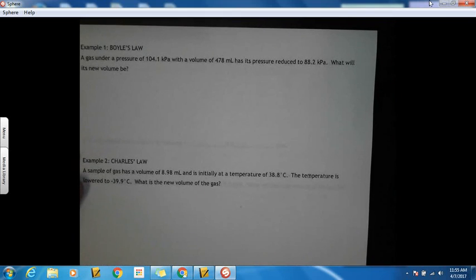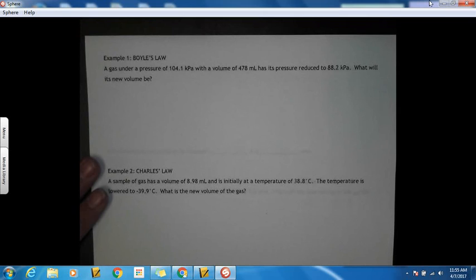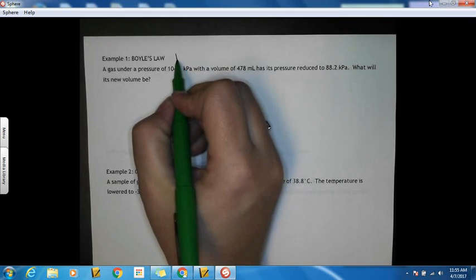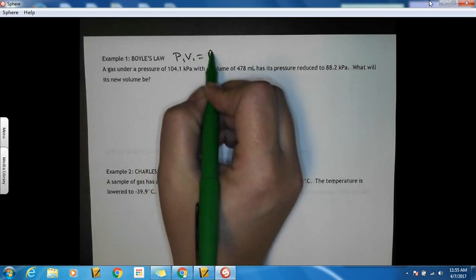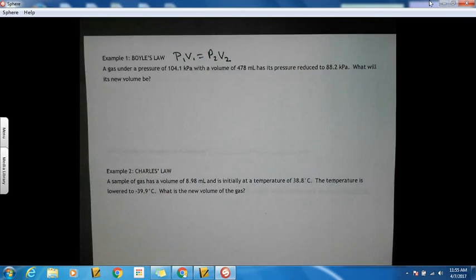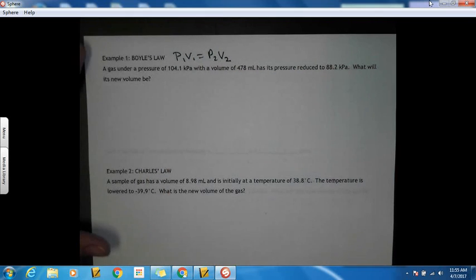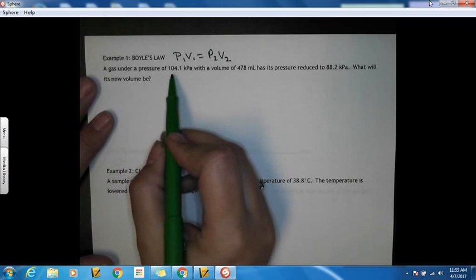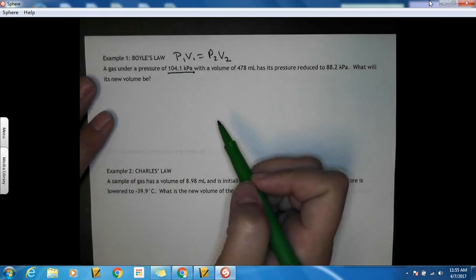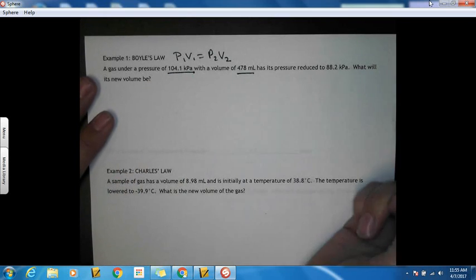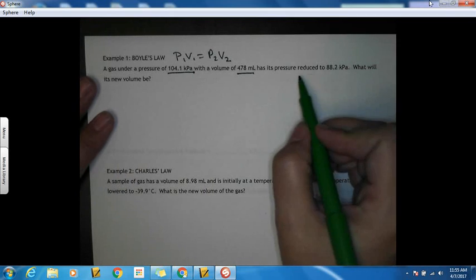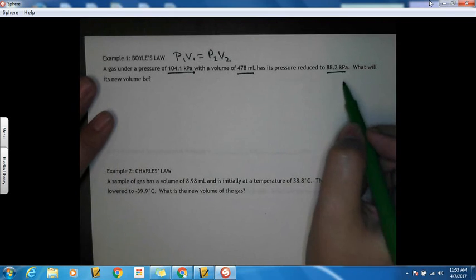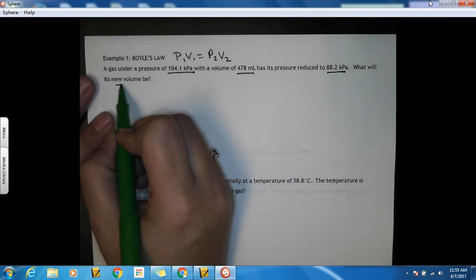So let's look at an example problem for each. Boyle's law, remember, was pressure and volume are inversely proportional. So P1 V1 equals P2 V2. Right? So here we have a gas under pressure of 104.1 kilopascals with a volume of 478 milliliters. If the pressure is reduced to 88.2 kilopascals, what will be the new volume?